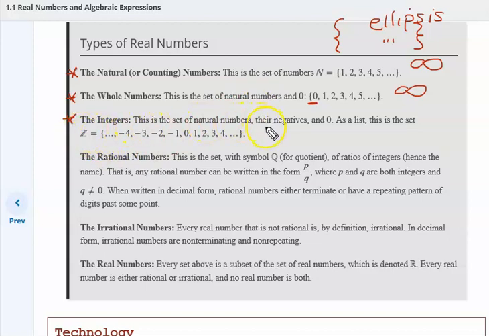Now, for the symbol for integers, you may not see that too well. It's sort of a Z with a thickened central portion here. Integers.